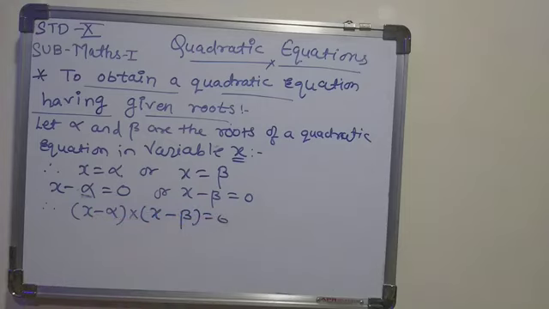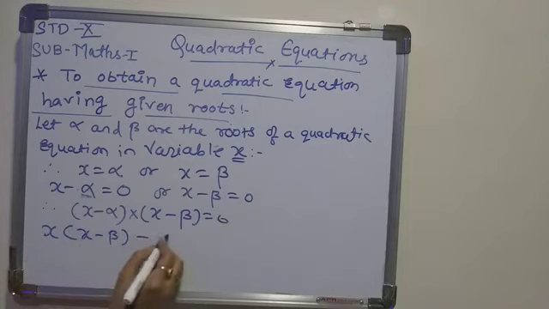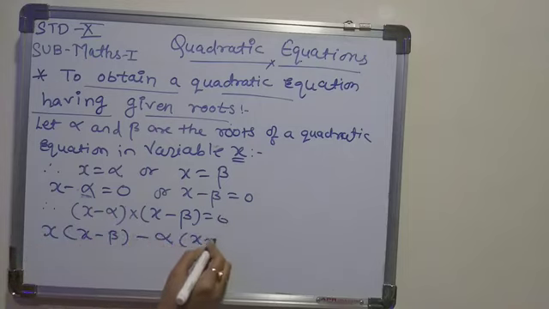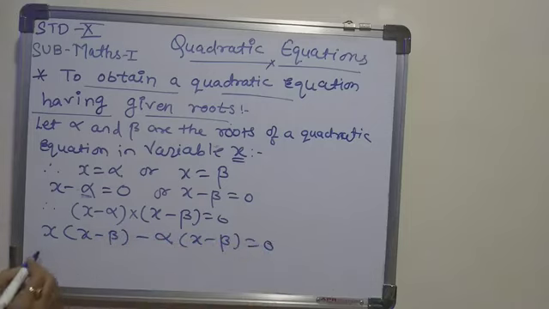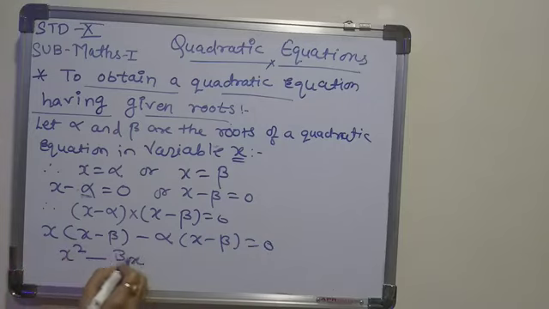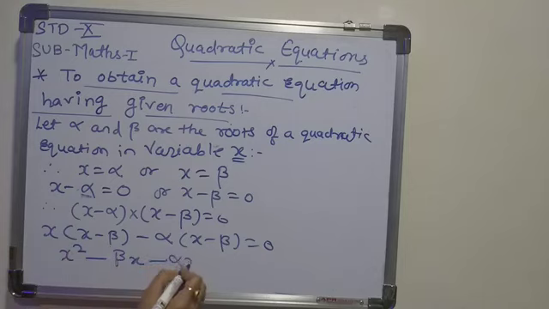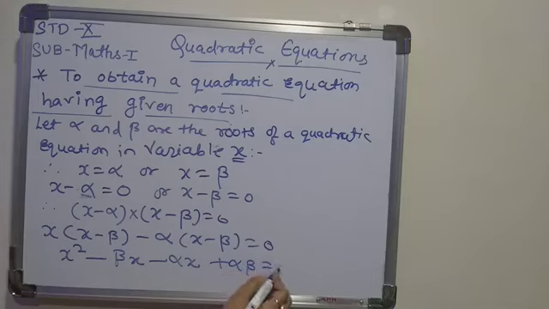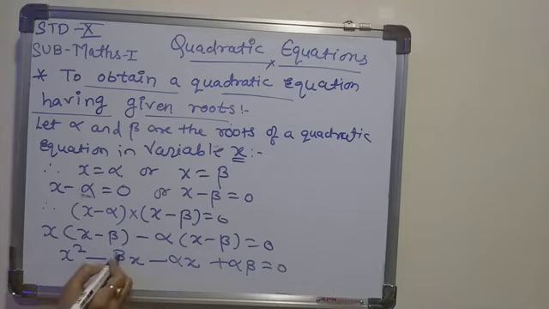Now open the bracket, x into x minus beta minus alpha into x minus beta equals to 0. X into x is x square minus beta x minus alpha x plus alpha into beta equals to 0. You can shuffle this, you can write minus alpha x over here and minus beta x over here.